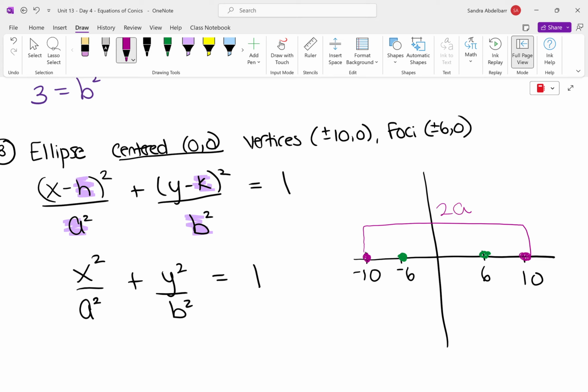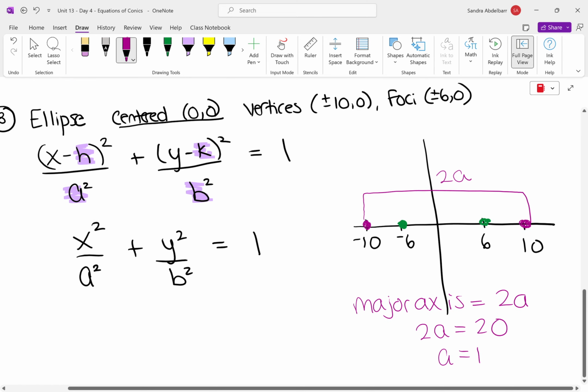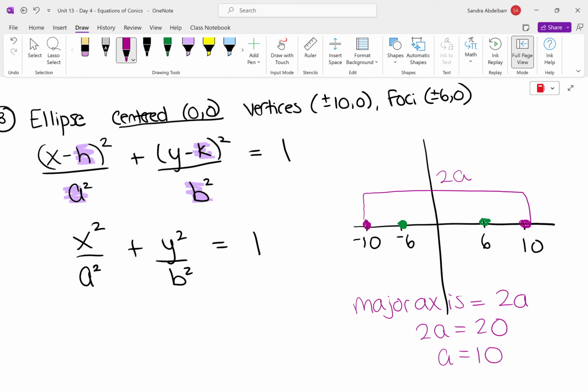So this major axis is 2a. Well, how many units between the vertices on the major axis? It's from -10 to +10, which is 20 units. So our major axis is 2a. Here we have 2a equals 20, so a is equal to 10.